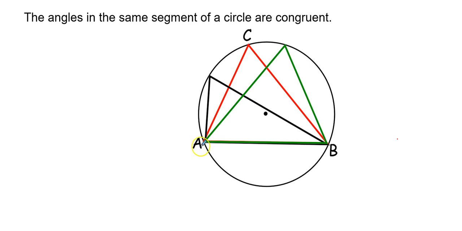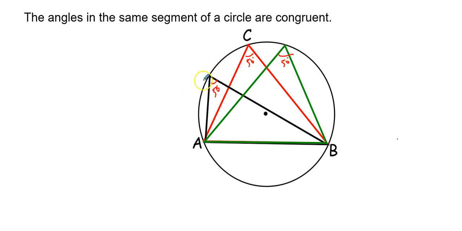That is, this AB is one chord. This chord AB is dividing the circle into two segments. Now all these angles, this is the first angle, second, third, you can draw many more angles. All those measures will be the same. For example, if this measure is 50 degrees, there also the measure of this angle is 50, and the next angle 50 degrees.